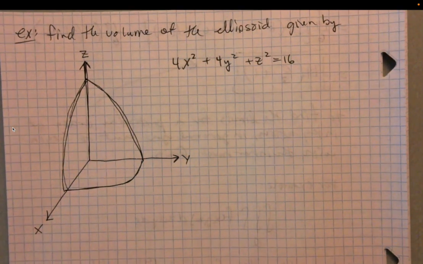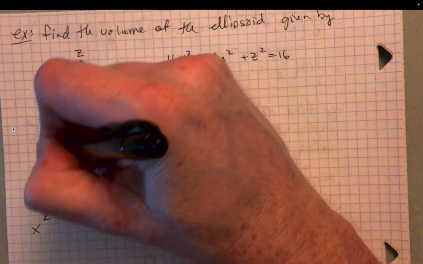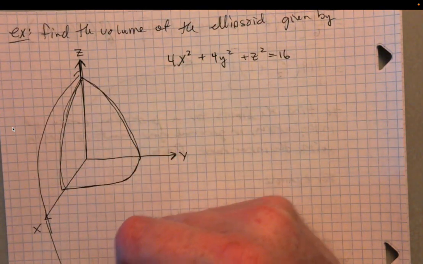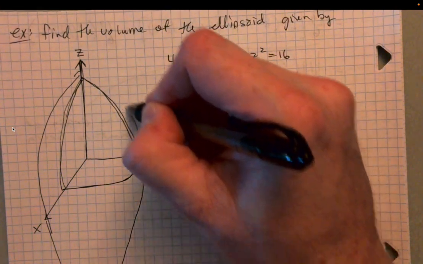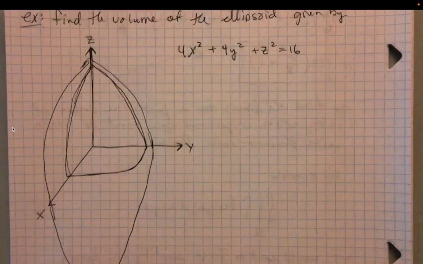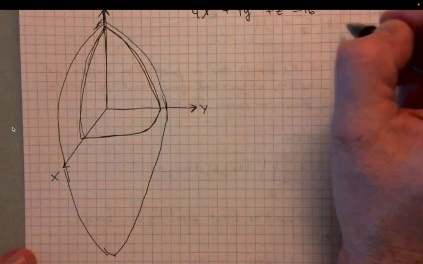The actual shape is basically symmetrical above and below the xy plane.